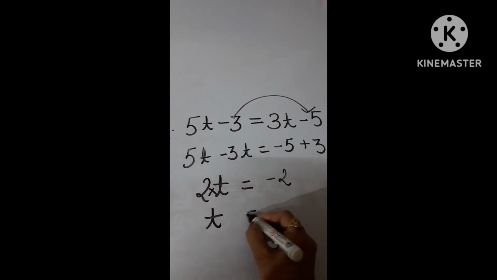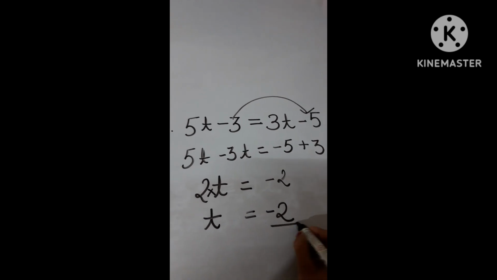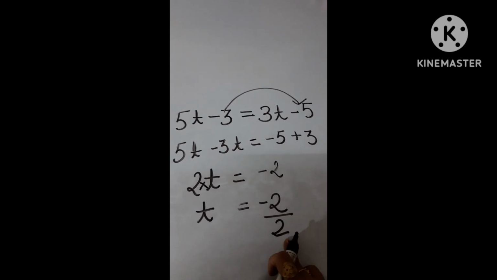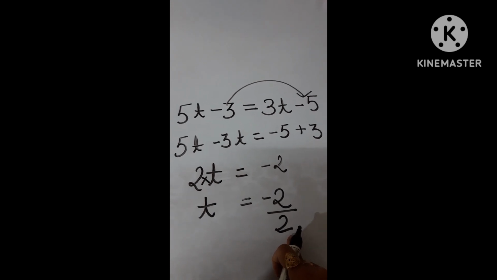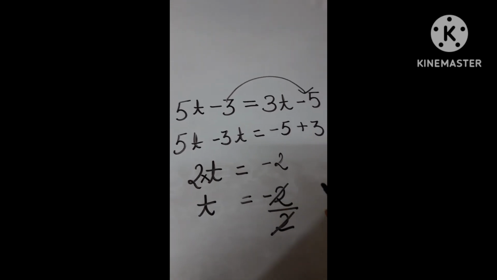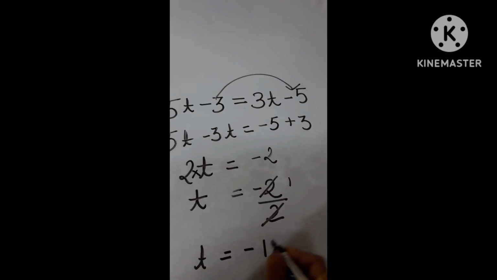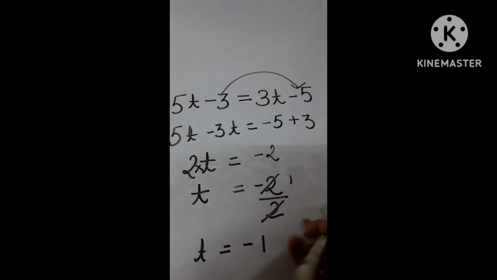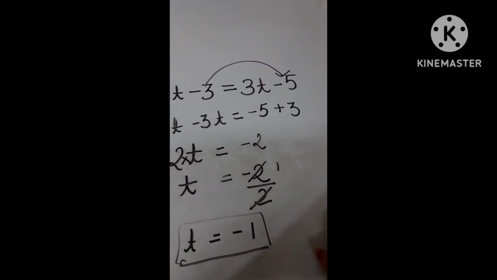Okay, so minus 2, this 2 will change its position and this will come to your denominator and this will come here, that is your 2. Got it? Now this 2 and 2 will cancel and your answer will be t is equal to minus 1. So the solution of the equation over here is t is equal to minus 1.